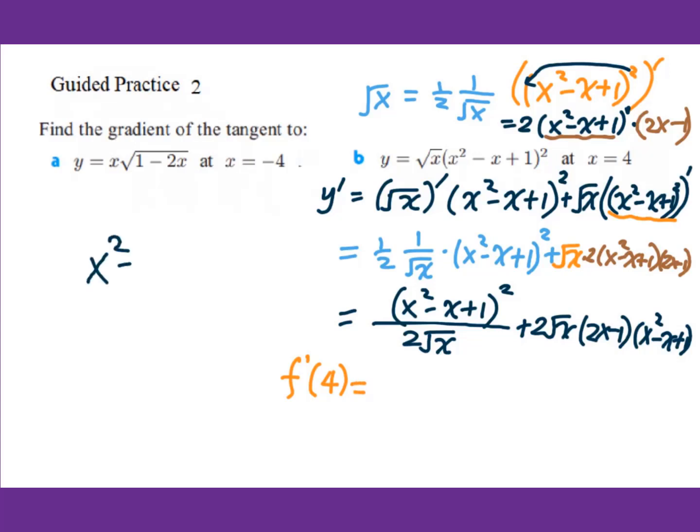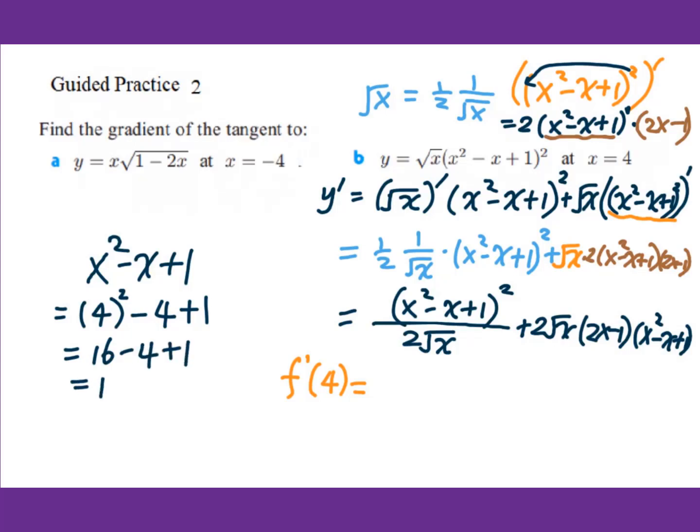For x squared minus x plus 1, we plug in 4. 4 squared minus 4 plus 1, 16 minus 4 plus 1, that will be 13. 13 squared is 169 over 2 times 2 is 4, plus 2 times square root of 4, that's 2, times 2 times 4 minus 1, that's a 7.